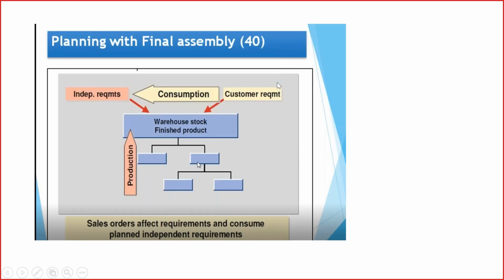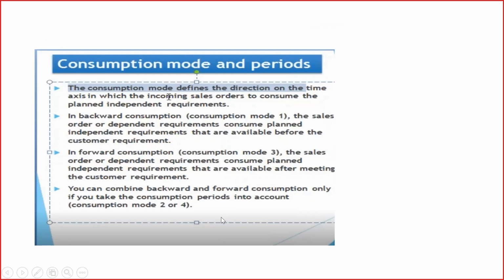Very, very important: in an interview, when they ask how planning strategy 40 works, you must specify that the incoming sale orders will consume the existing planned independent requirements. Sale order affects requirements and consumes the planned independent requirements.